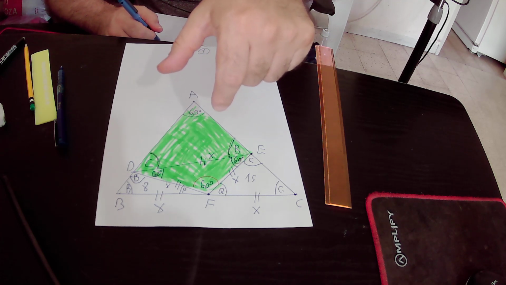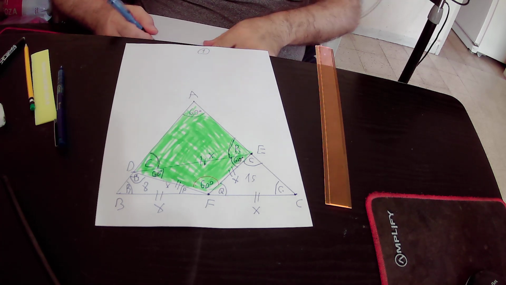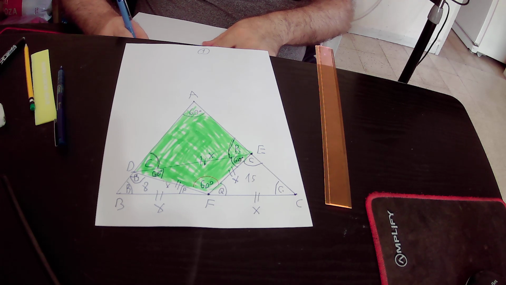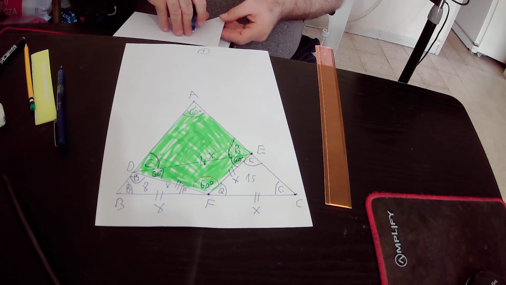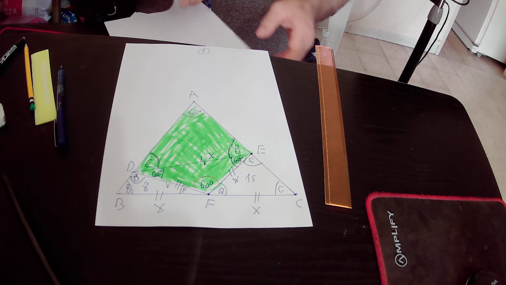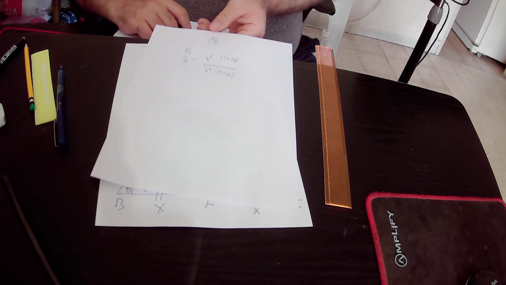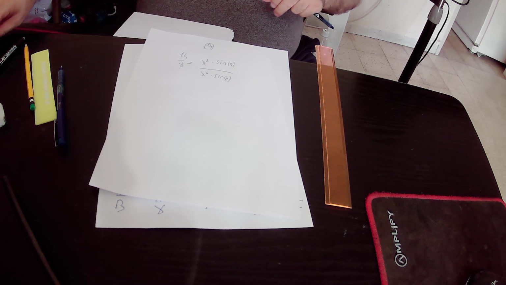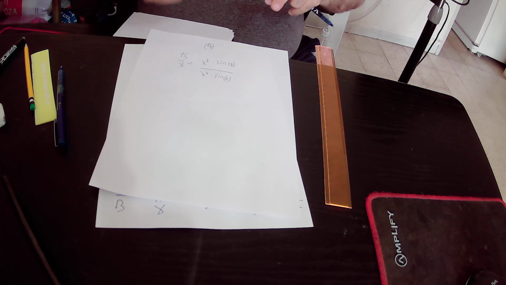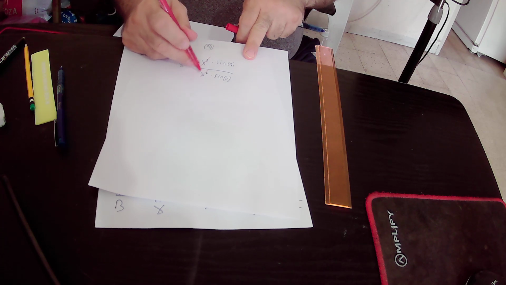BF is also X, so X times X is X squared, X squared times sine P. Okay, so we got that 15 over 8 equals X squared sine Q over X squared times sine P. So here X squared over X squared is 1, so X squared is cancelled.